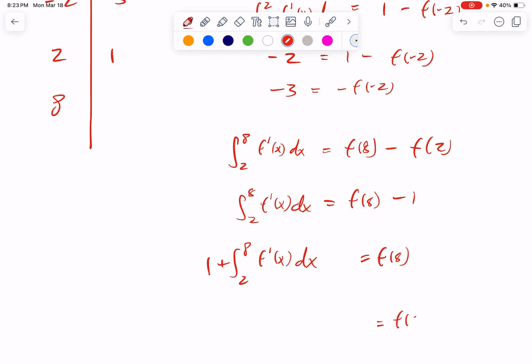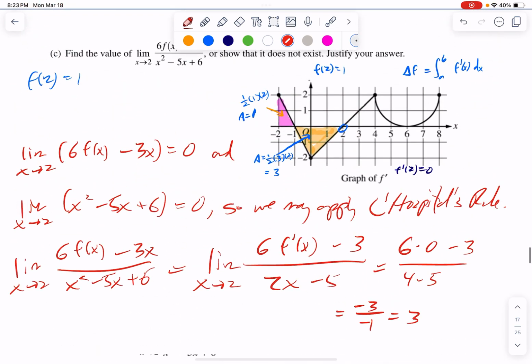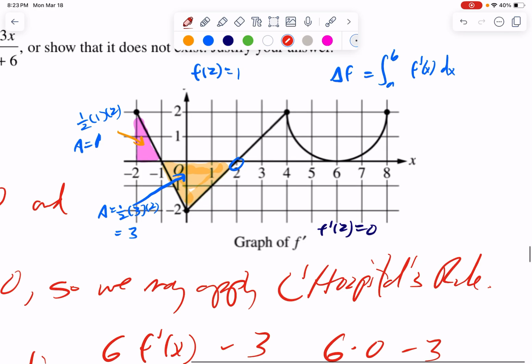So let's find that. What you might notice is that whatever integral we get here is going to be positive. If you are short on time, you would not have to go through all the details. You could probably get away with just saying that whatever integral we get is bigger than 2. But we can do this.